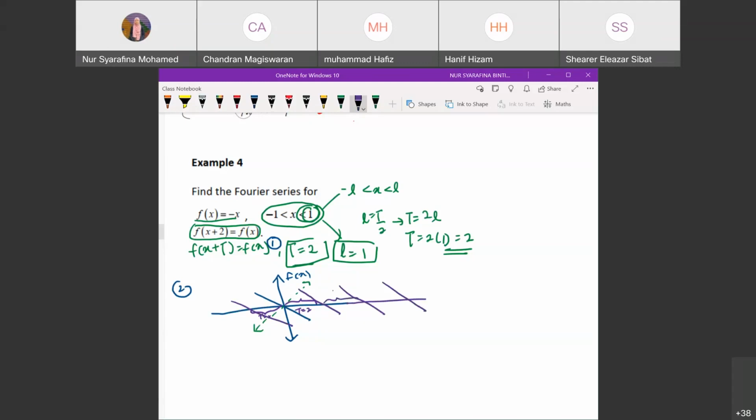So this is the definition of the periodic function. It is a repeated function at t equals to 2.